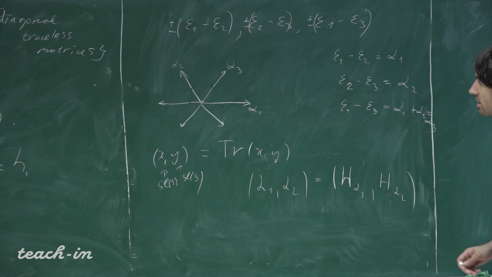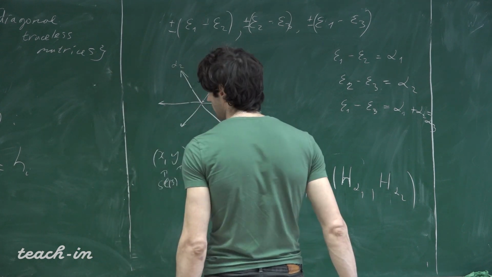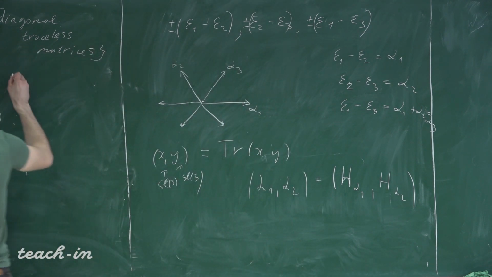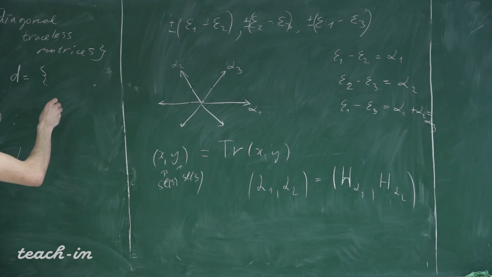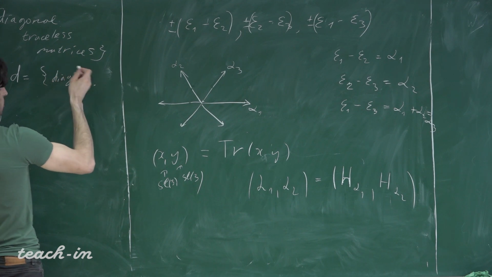Now I can think of the following. H is diagonal traceless matrices, and let me introduce all diagonal matrices D, it will be useful.